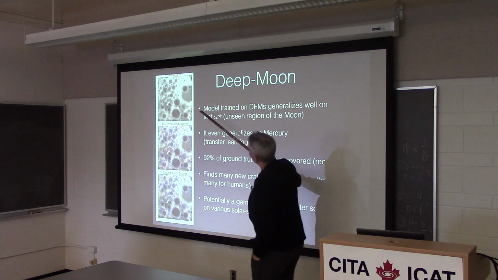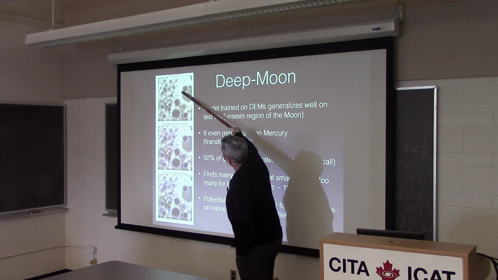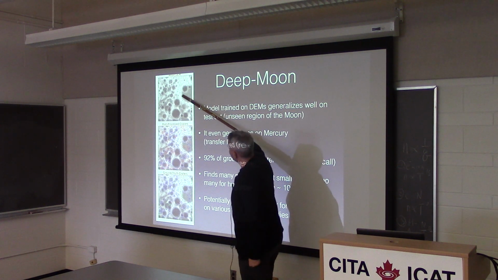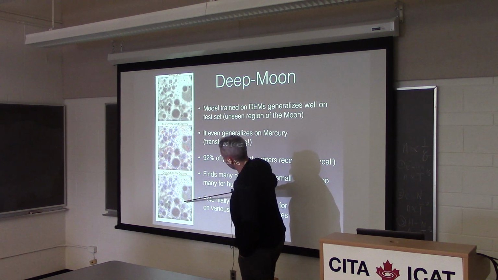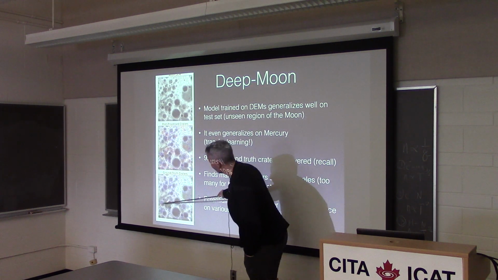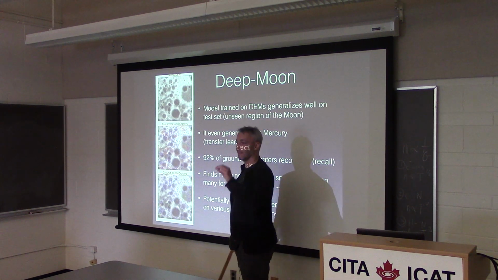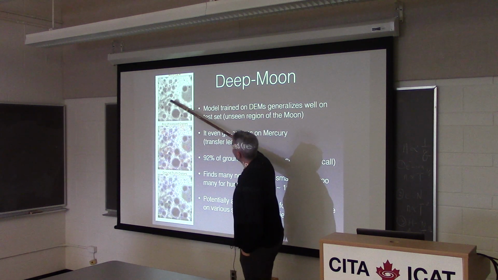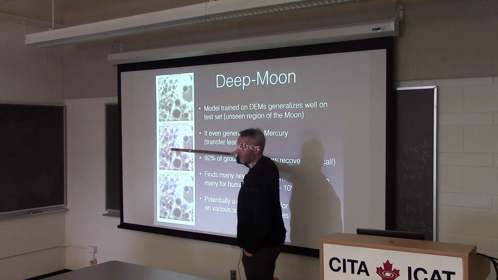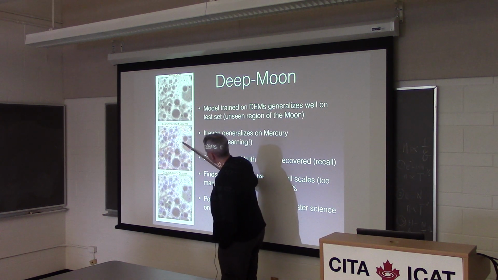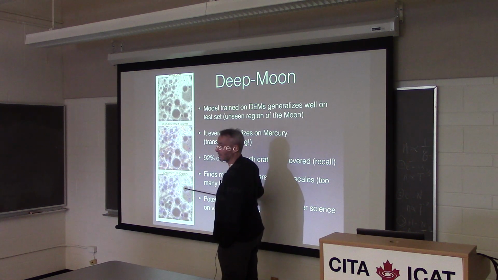So this is a region of the moon that the machine had never seen before. This is the ground truth, human labeled. All the circles here are craters that a human said are here, with this size. And then this is what the algorithm predicts. It finds a lot: the blue are recovered from the ground truth, they were in the ground truth.